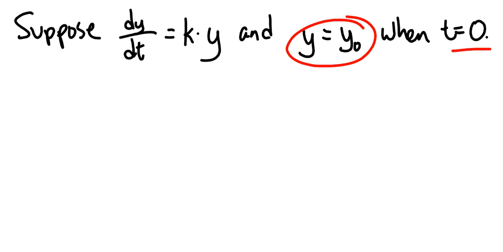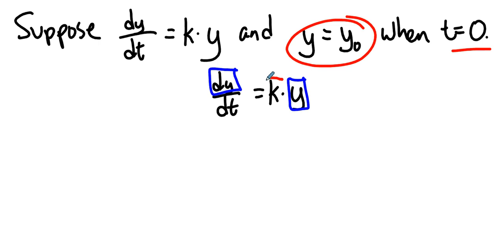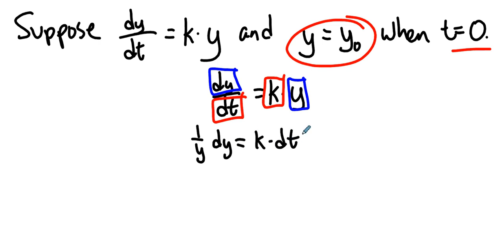So let's solve. There's nothing terribly difficult about this. k is some number. The variables in the problem are y and t. So we have a y part and a t part, and we separate the differential equation.